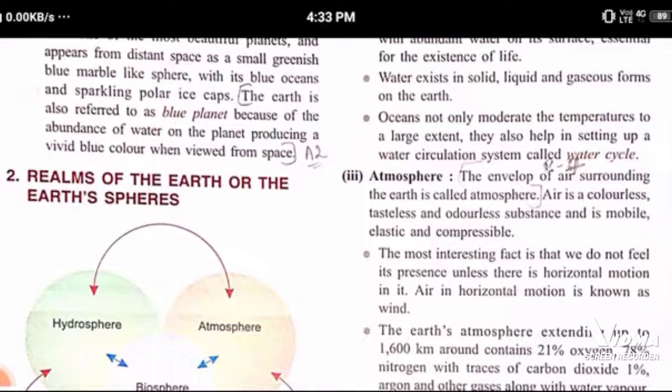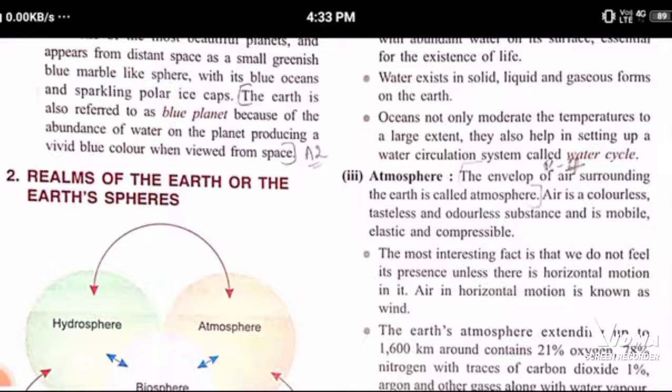What is the water cycle? Think of a water body, a lake, ocean, or sea. The sun is overhead, and whenever it is, evaporation is caused, which means water vapors are formed. The water vapors go upward, and in the sky at the high level the temperature is low, so they get condensed.